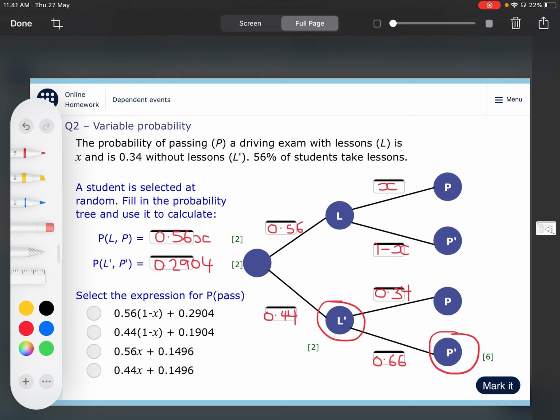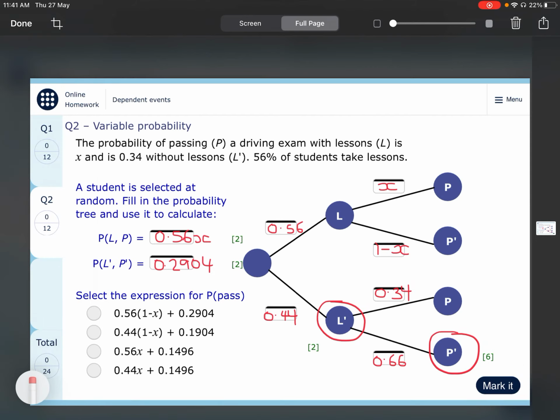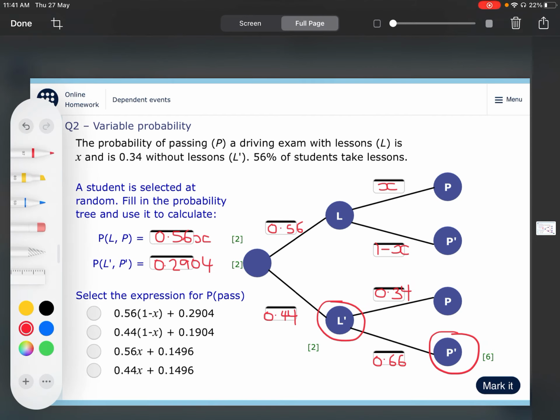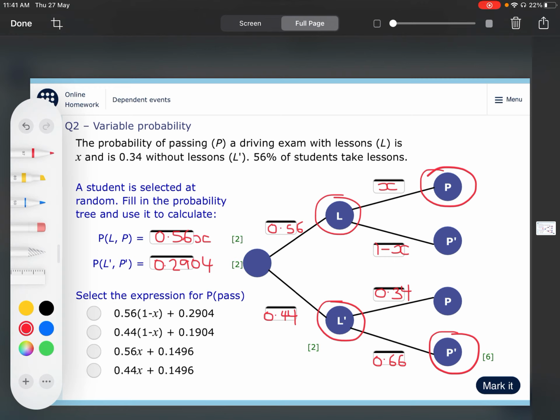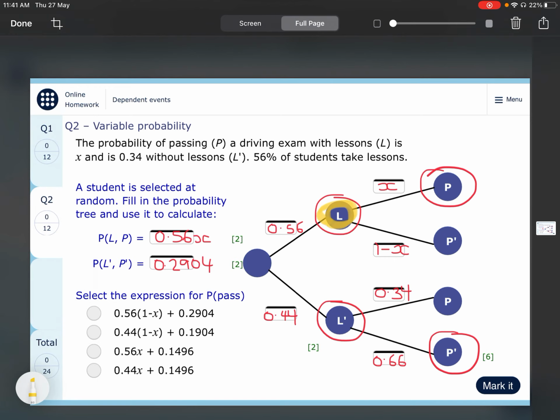So when you're understanding probability, what are all the options of passing? In order to pass, I need to do a lesson and pass. I need to do a lesson and pass. That's one outcome. And I need to do no lessons and pass. That's the other outcome.